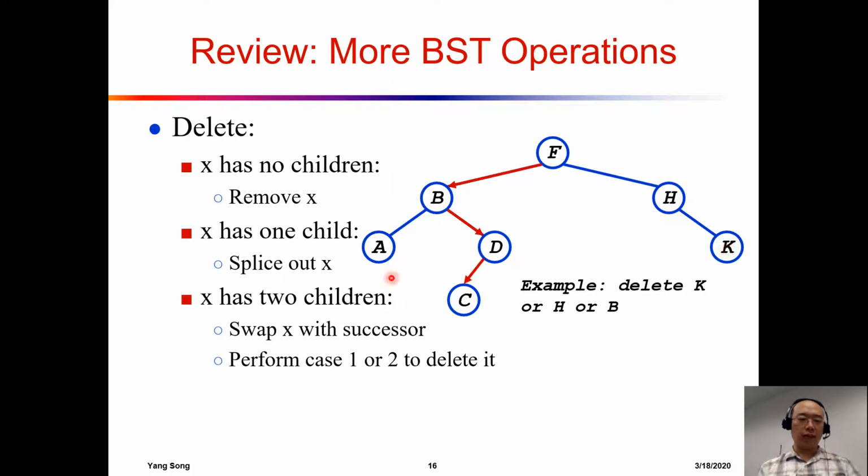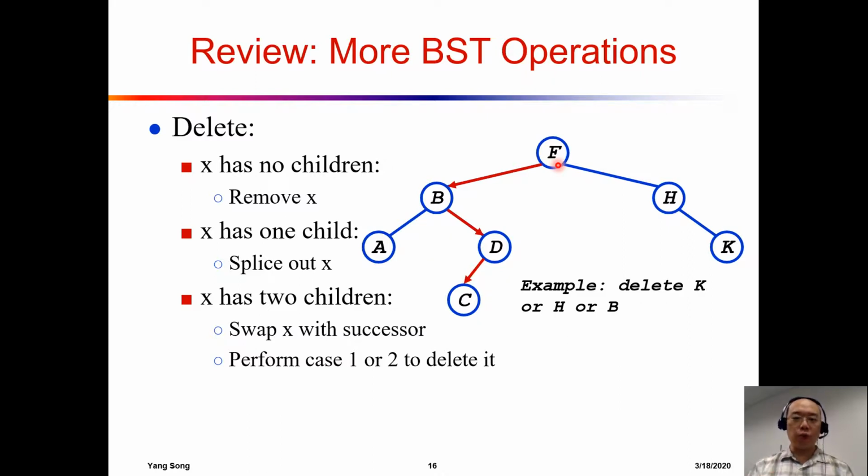The second case: if X has one child, for example H. If we want to delete H, we consider the direct child, which is also the only child, K. After H is thrown away, we want to attach K directly to F as F's right child.